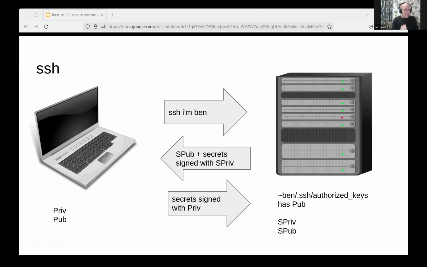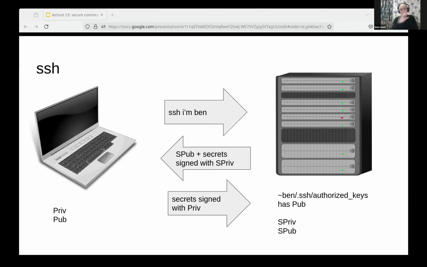Now, SSH has the key distribution problem. So when we start using SSH, we have both sides with public and private keys. And when we start an SSH session, it has a little handshake at the beginning that uses the public keys of each side. But for that handshake to work, it has to be sure that the public key corresponds to the server that it thinks it's talking to.